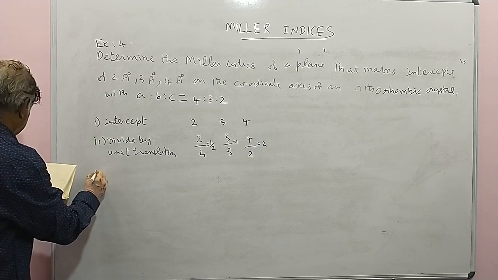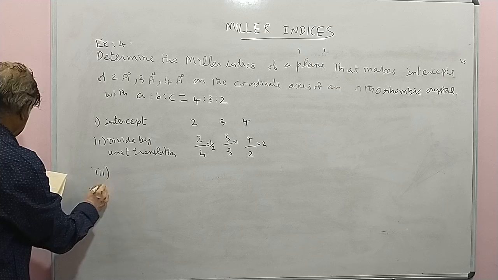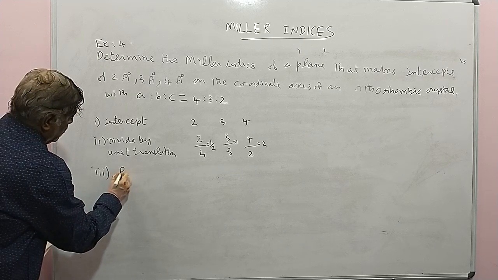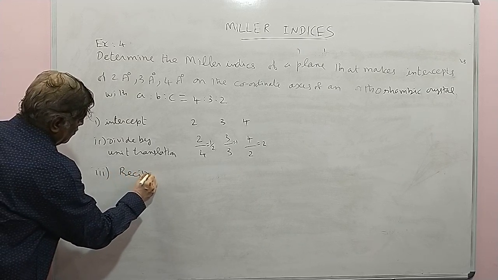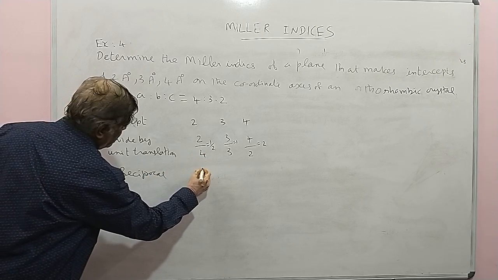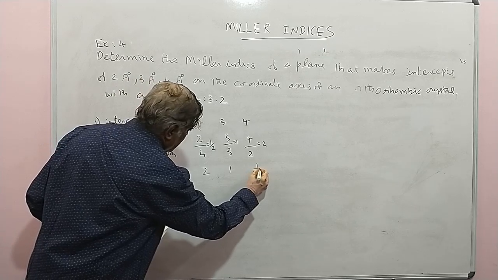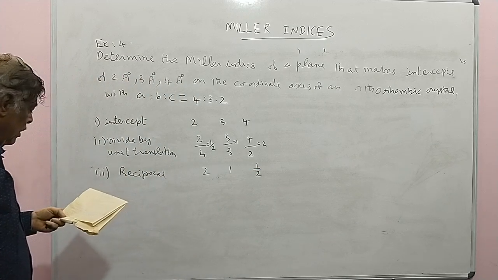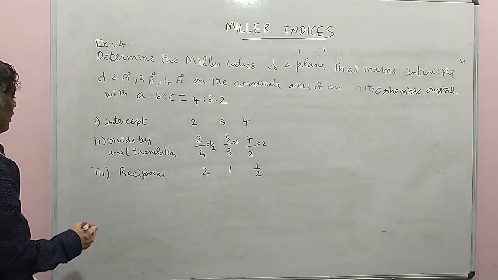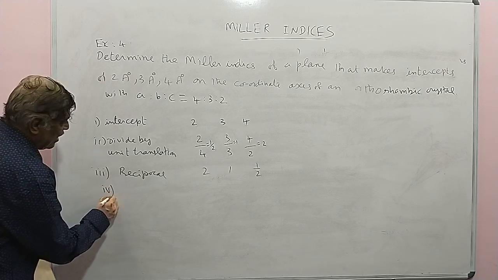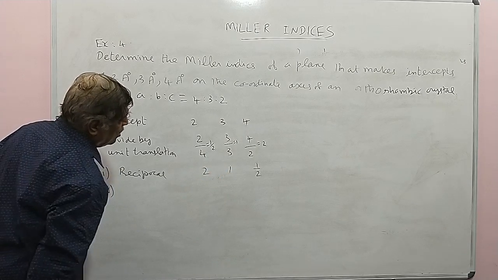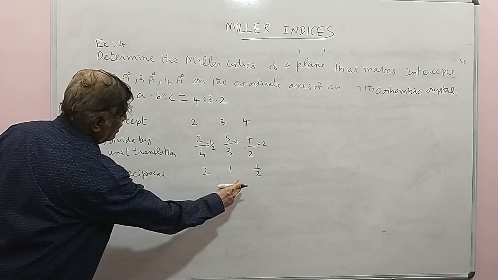And the third step is find the reciprocal. This is 1 by 2. The reciprocal of 1 by 2 is 2. This is 1, and this is 1 by 2. And the fourth step is you have to clear the fraction by multiplying the smallest common divisor.